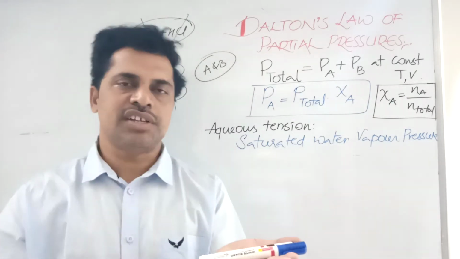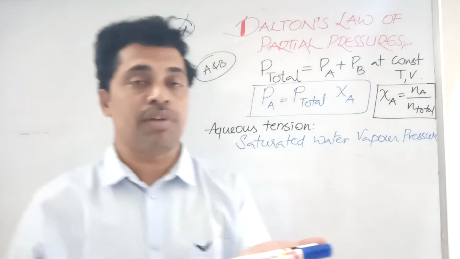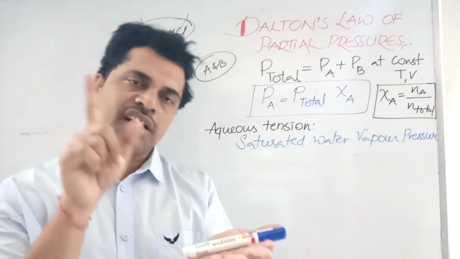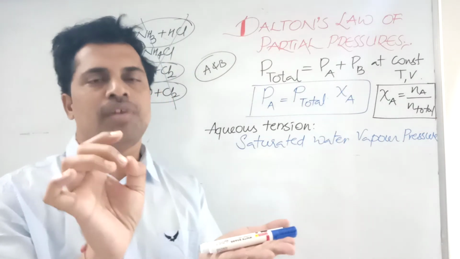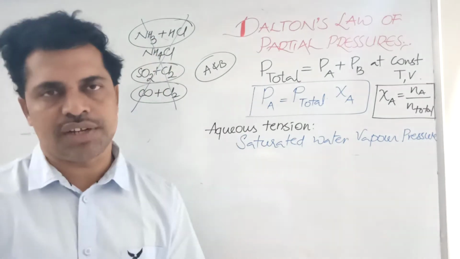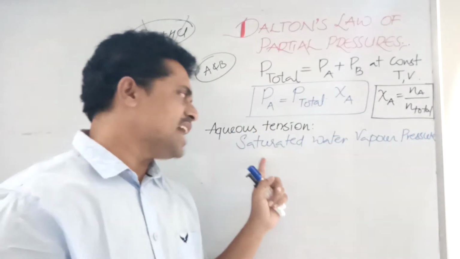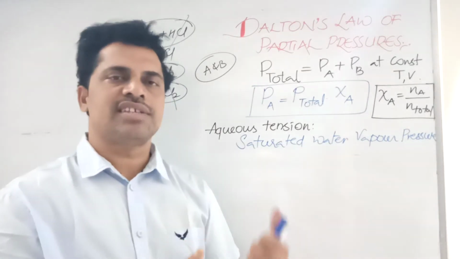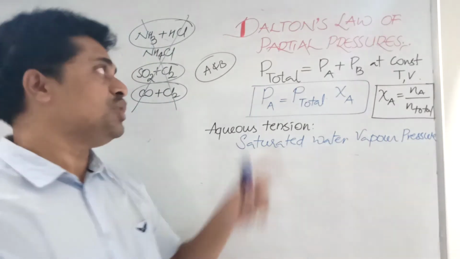That pressure is called water vapor pressure. And when the water vapor is saturated, the pressure created by those water vapor molecules is called aqueous tension. So aqueous tension is saturated water vapor pressure. Why are we using saturated water vapor pressure here? What is the use for us?